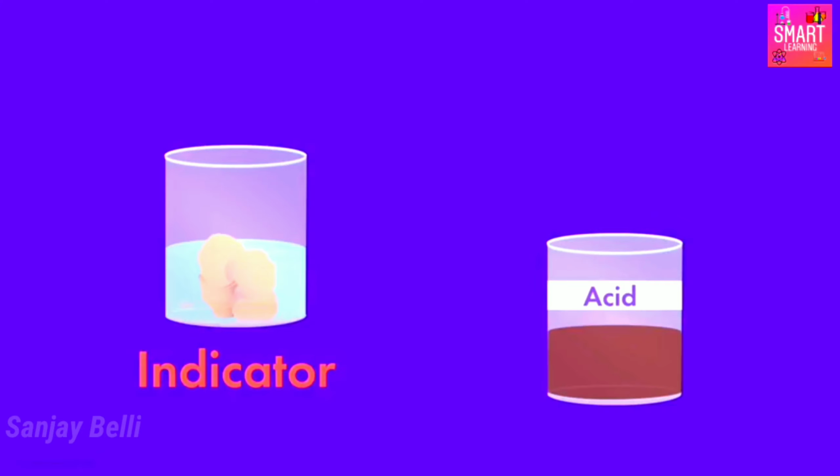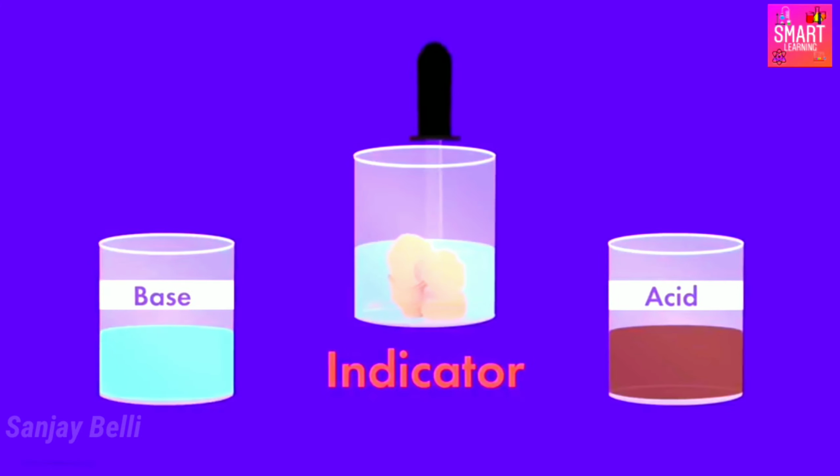However, when added to an alkaline solution, the color changes to green, or yellowish green to be precise. The solution changes color in very little time, and that is how we use China rose as an indicator.